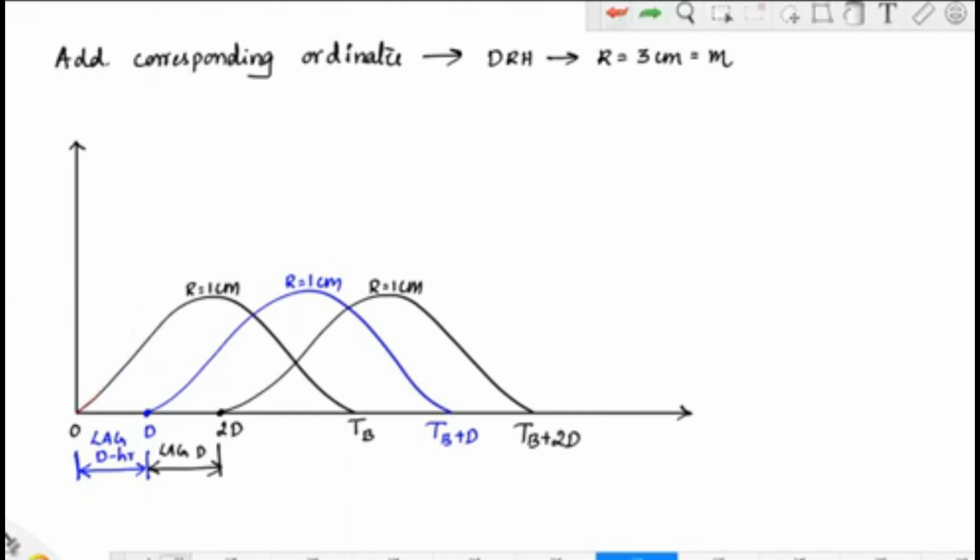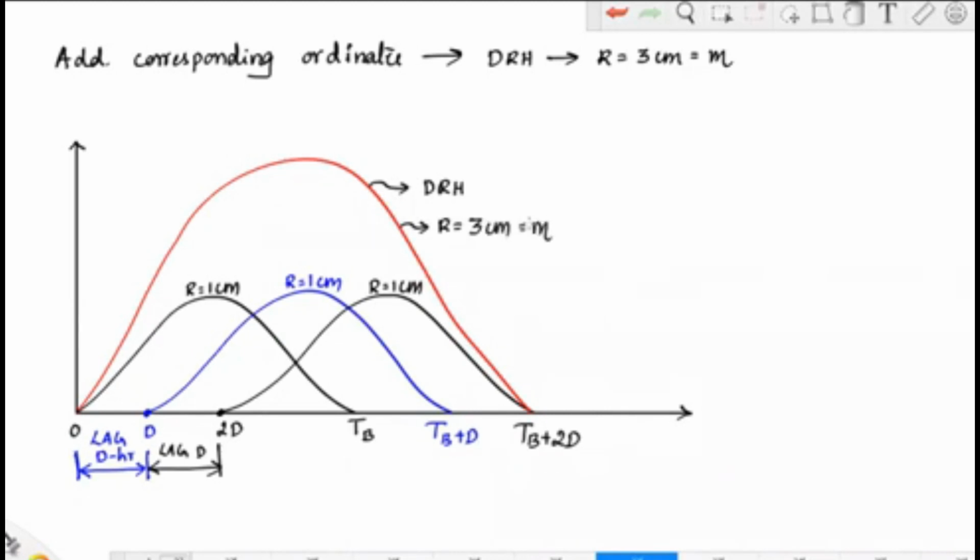Finally you will get one huge curve. It starts from 0 and ends at TB plus 2D. This curve will be your DRH, with a runoff value of 3 centimeter, equal to M centimeter.